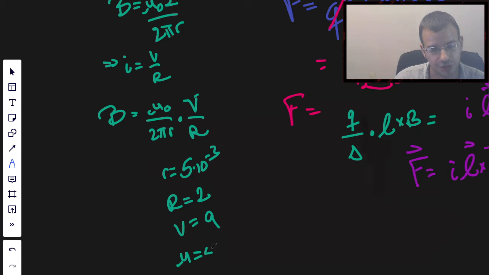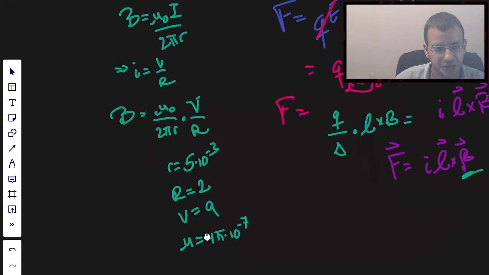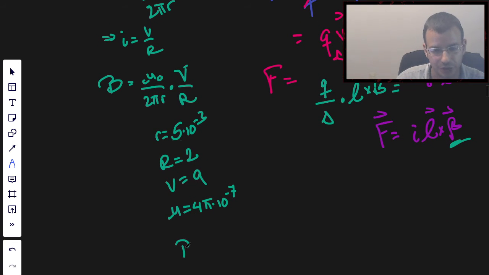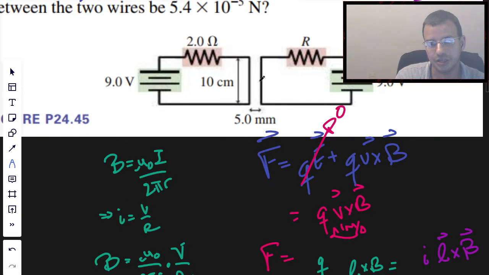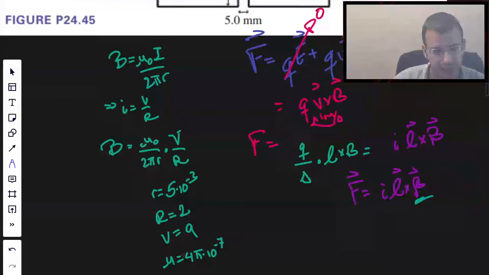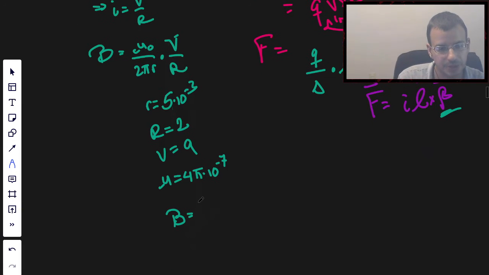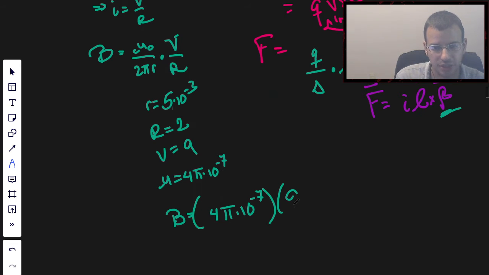Mu naught equals 4 pi times 10 to the negative 7th. And so we can figure out what the magnetic field is going to be due to the left circuit at the point of the right wire. This is going to be 4 pi times 10 to the negative 7th times the voltage, which we said was 9.